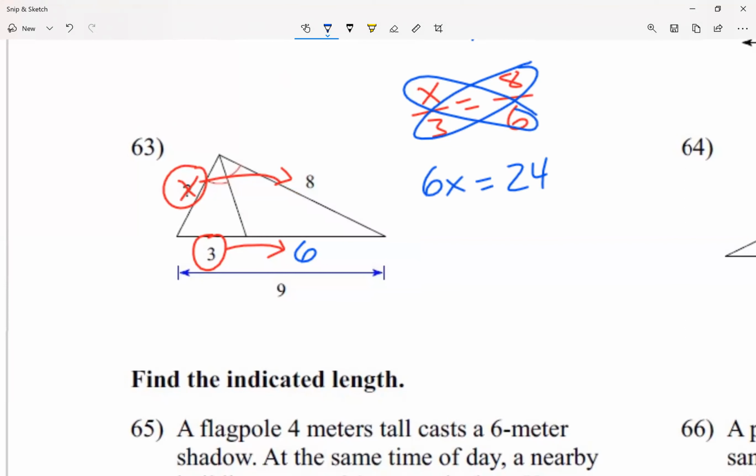So I have 6x equals 24. To get the x by itself, let me divide by 6. X equals 4. I know the instructions to begin with said find the missing length indicated. I called it x, so I have x equals 4. So just 4 will be my answer.